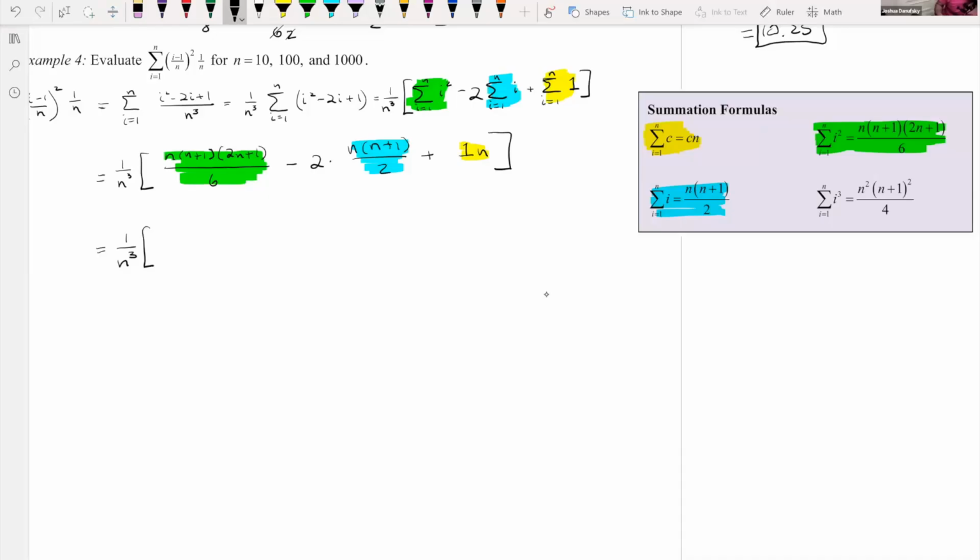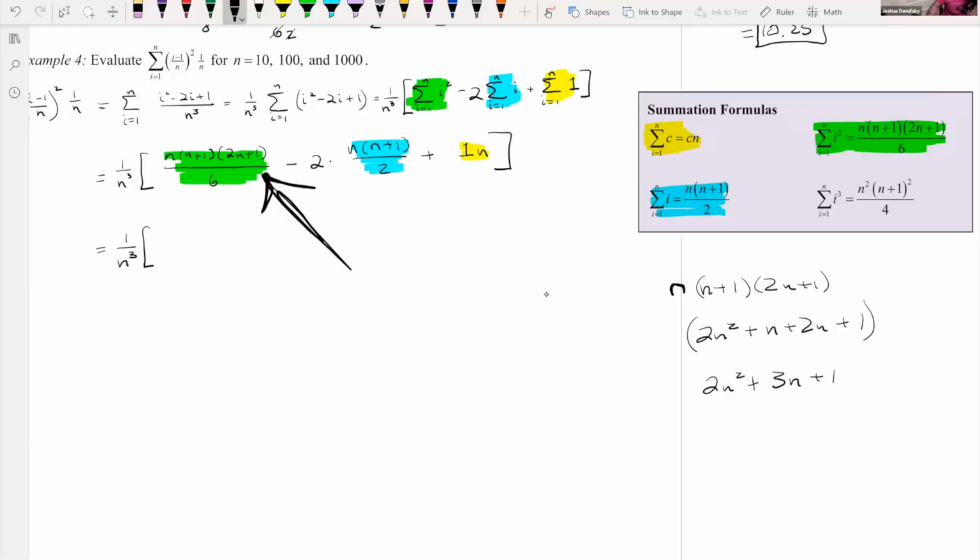So in green, in that numerator, we have n plus 1 times 2n plus 1. When we multiply this out, we get 2n squared plus n plus 2n plus 1. Of course, the middle terms combine. And this whole thing is being multiplied by an n, right? I'm looking at the numerator over here of green.